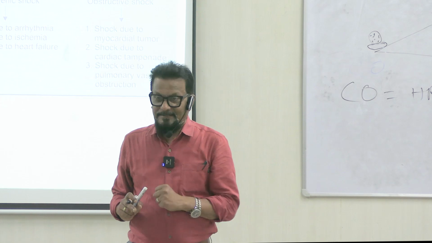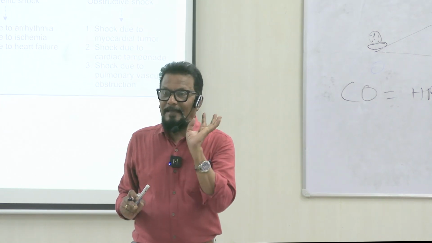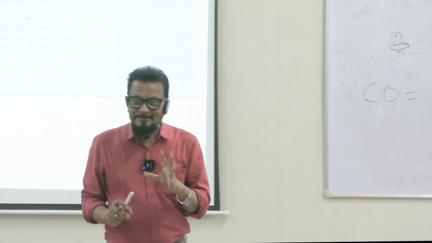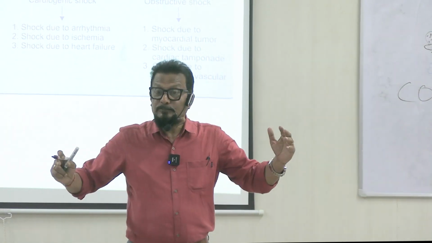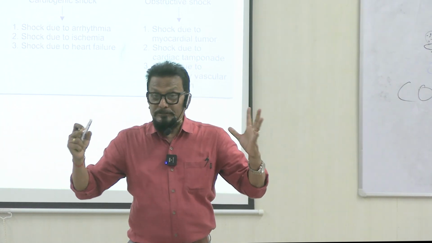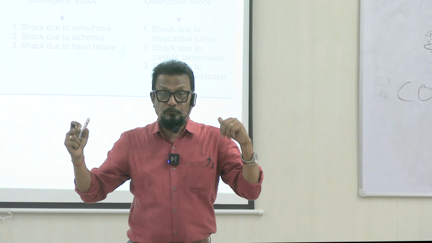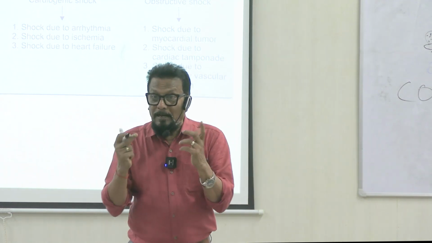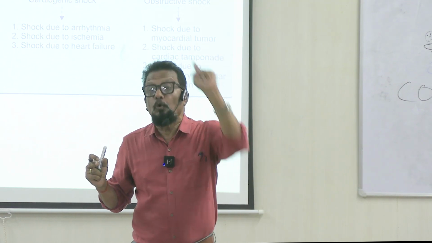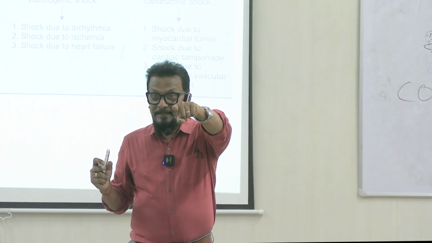So there is a limitation. Beyond that limit, it cannot eject all the blood into the circulation. As a result, what happens? If preload is more, it cannot eject all the blood, because to eject all the blood, it has to generate huge pressure to overcome that resistance.